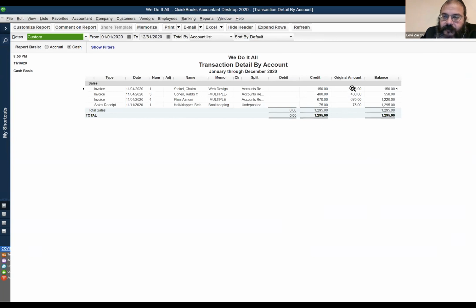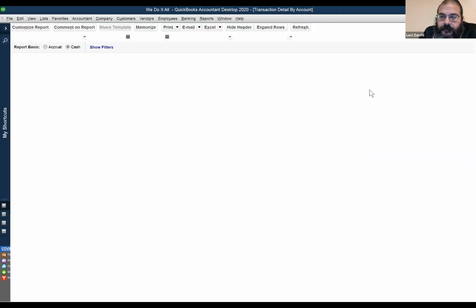So it's irrelevant what the total would have been of the original amounts of $225. We only got $150. There's an invoice, okay? And the total amount that we received is $1,295 for this year.